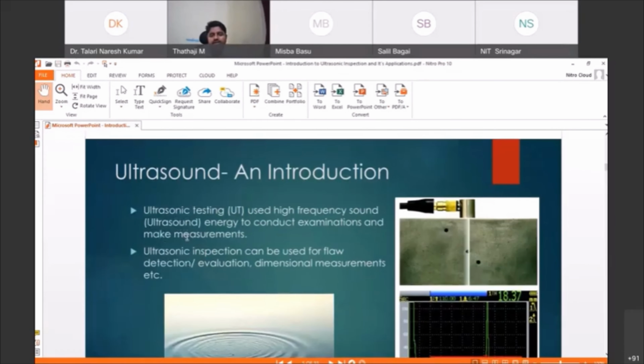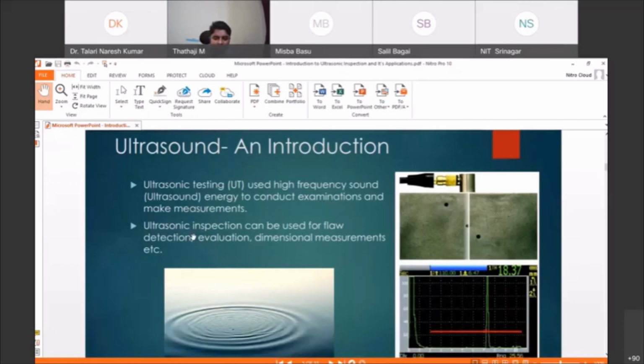The next topic is introduction to ultrasonic testing. So what is ultrasonic testing basically? Let me give a practical example. If you throw a stone in a pond, it generates waves, which you can see in the pond. It's nothing but waves.